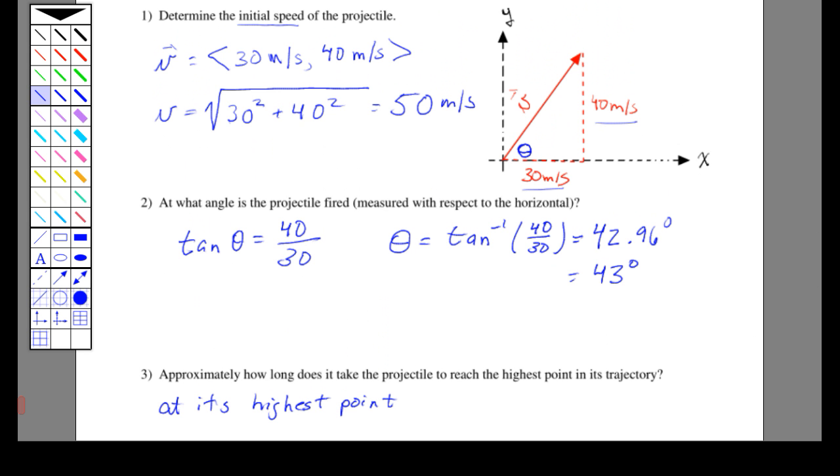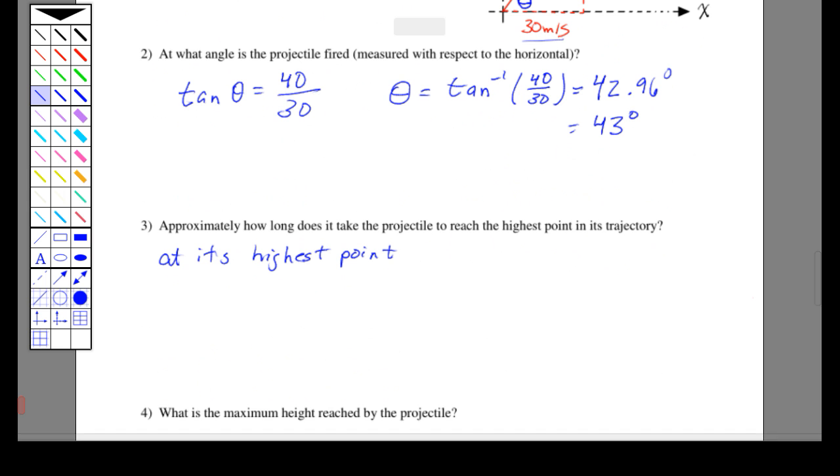In the y direction, we have motion with constant acceleration, and our acceleration is downwards. Its magnitude is just the acceleration due to gravity. So in the y direction the bullet is slowing down and coming to a stop. Its x velocity is going to remain the same.